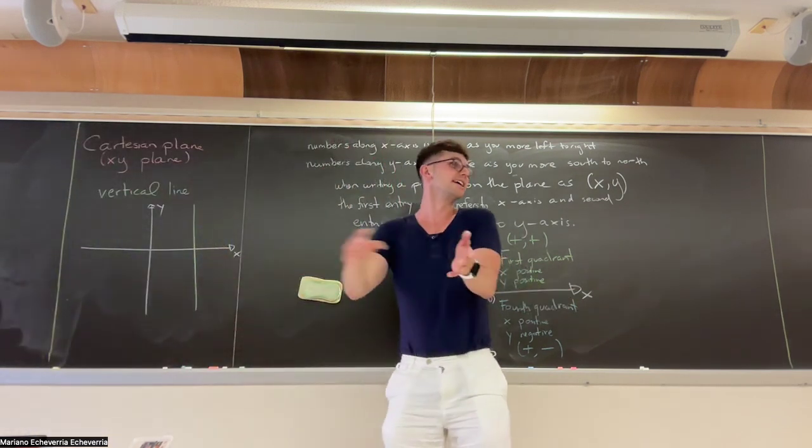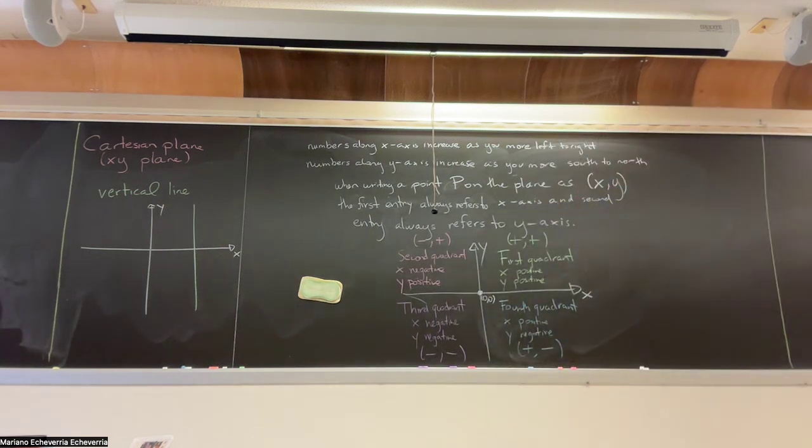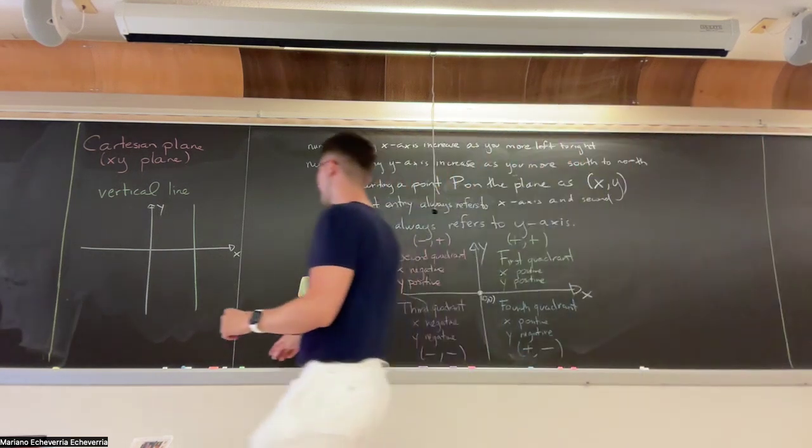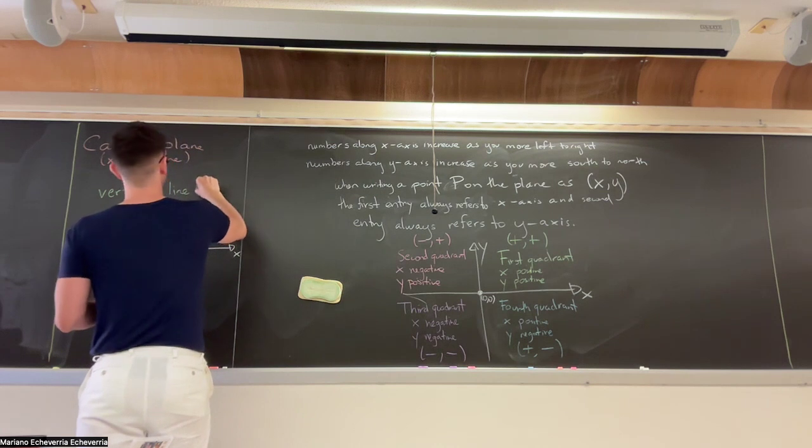That's how it looks. It is vertical in the sense that it's parallel to the y-axis. That's another way to think about this. So this line is going to be parallel to the y-axis.